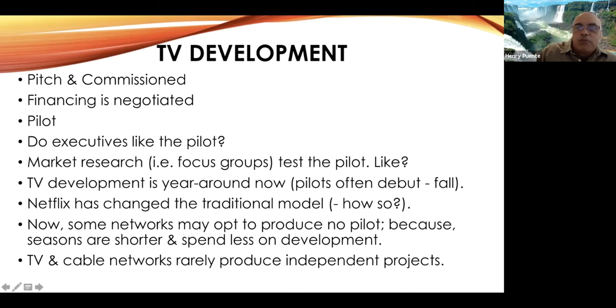Okay, so a couple of you said no, which is just fine. So deficit financing means that, and this is the way some deals are made.